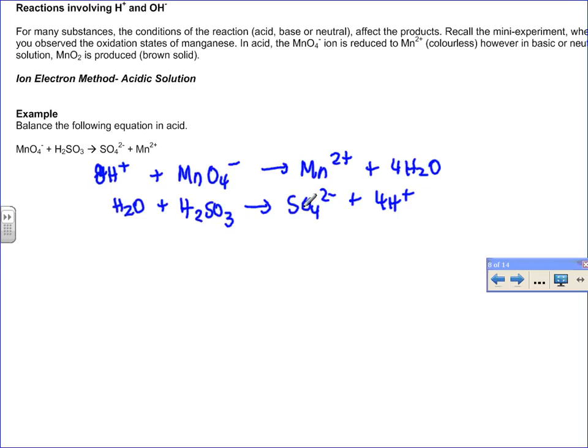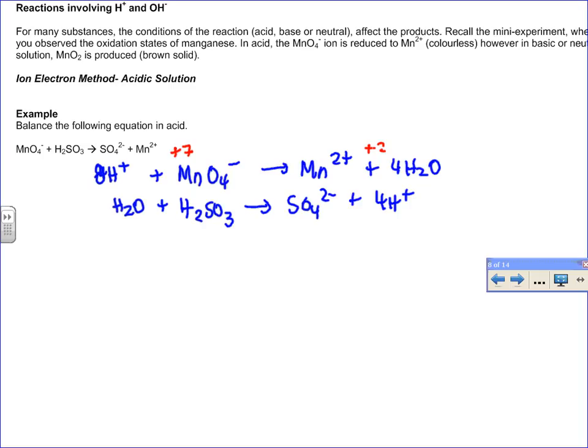Now, with more molecules and ions involved, determining and balancing the charges of the half reactions is something that you need to be very careful of. In this particular reaction, on the left-hand side, I have a total of +7, and on the right-hand side, I have a total of +2.